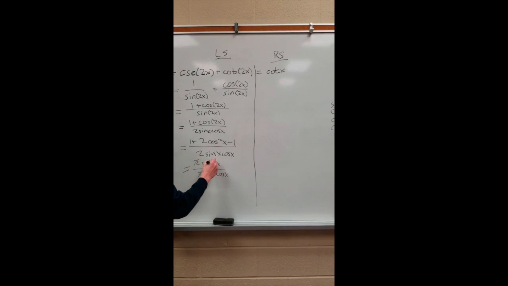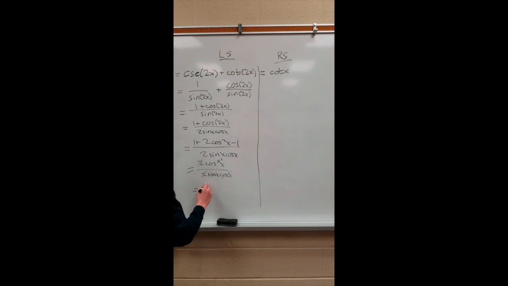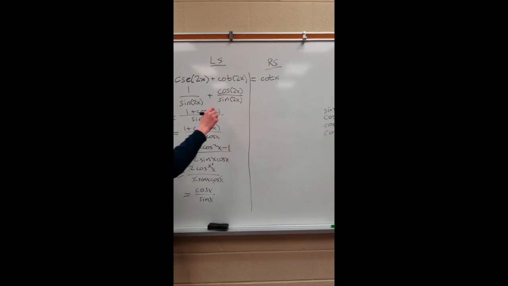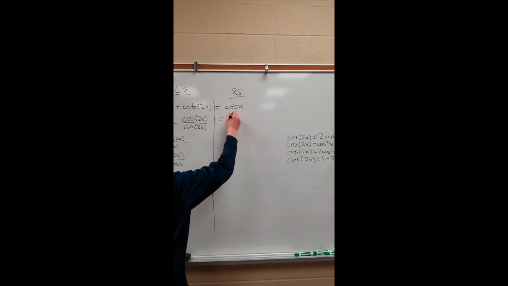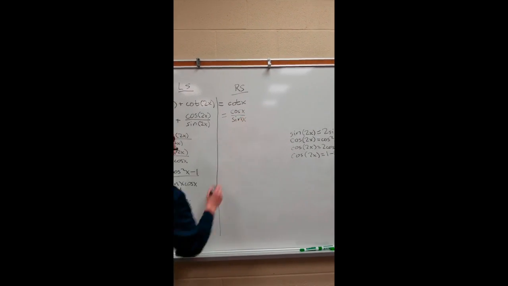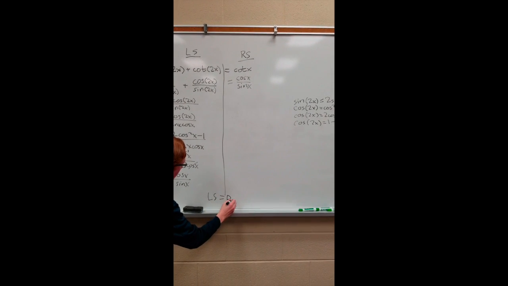The 2's can cancel out, and one of the coses will cancel out. We're left with only cos x over sine x. It's the simplest we can get this. We go back up to cotangent. Cotangent is also equal to cos x over sine x. Now we have the left side equal to the right side.